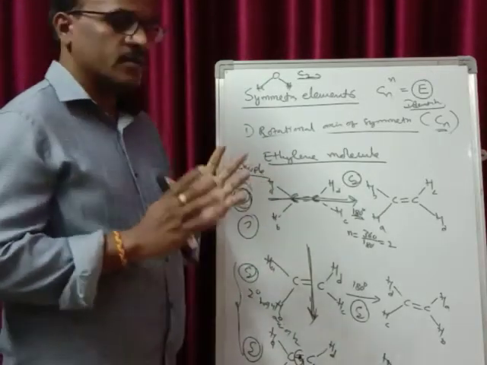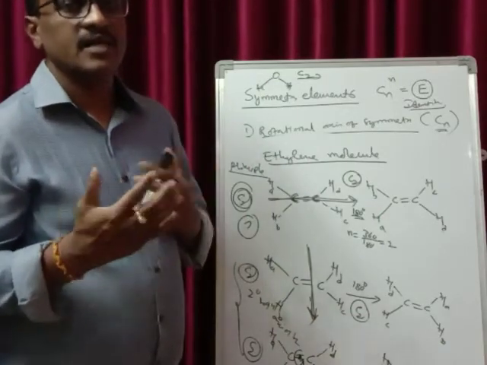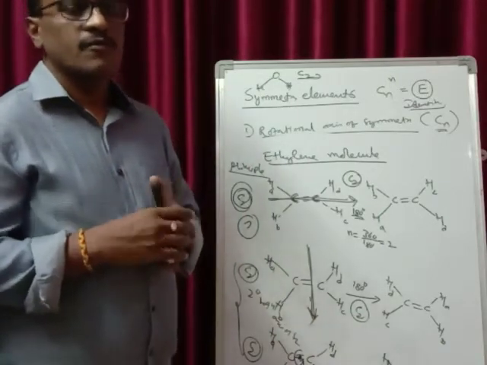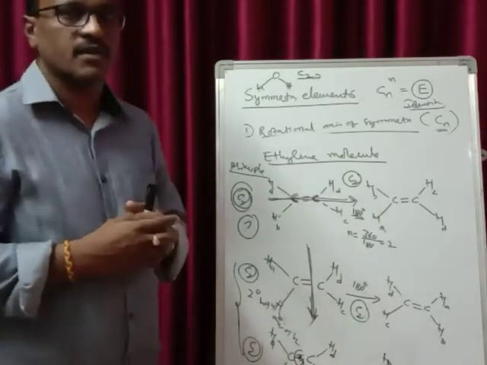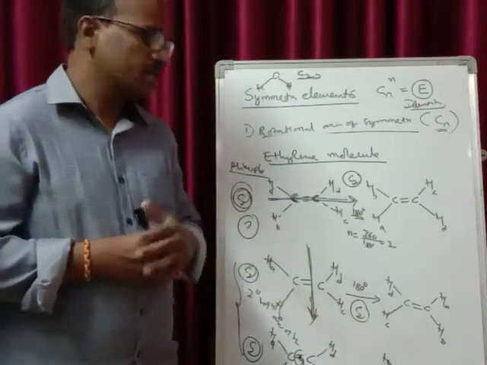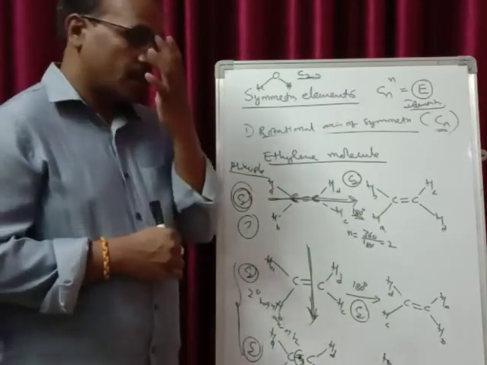So here, a very important point which you need to remember is what should be taken into consideration to decide the principal rotational axis and the secondary rotational axes of symmetry.